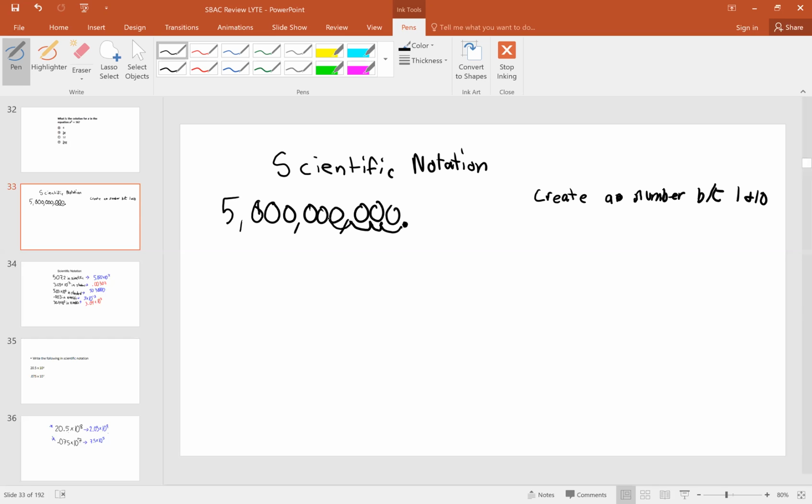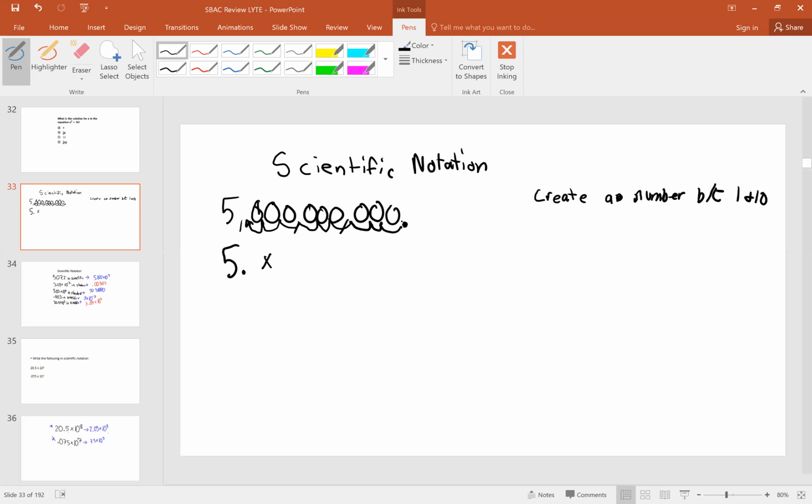Moving it here is 500, that's 50. That is now a number between 1 and 10. That's 5.0, or 5, times, now each time you move a decimal over, that's a power of 10.